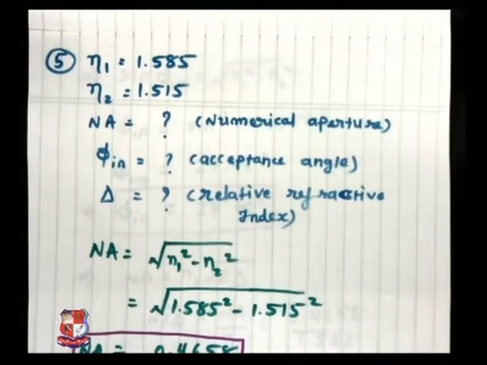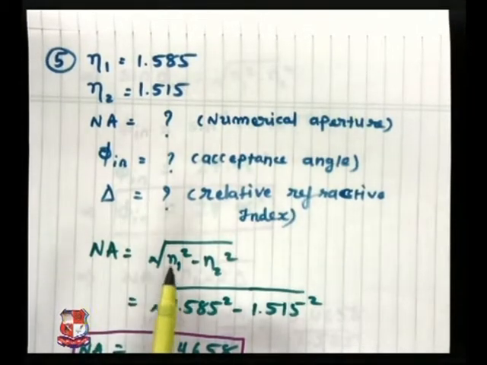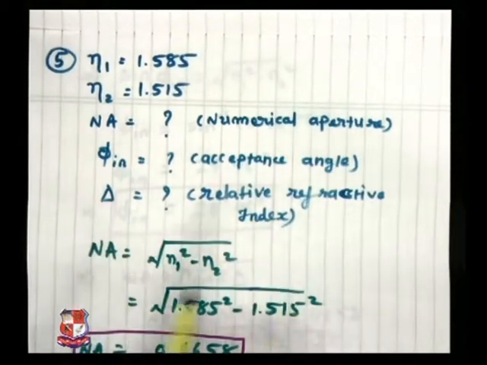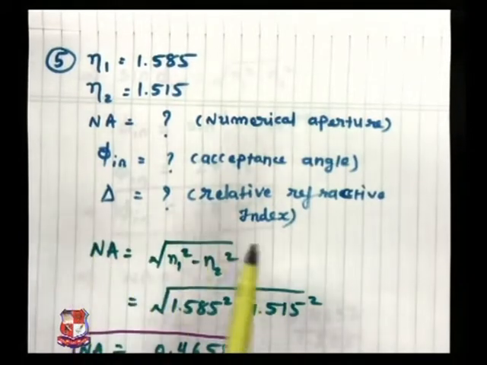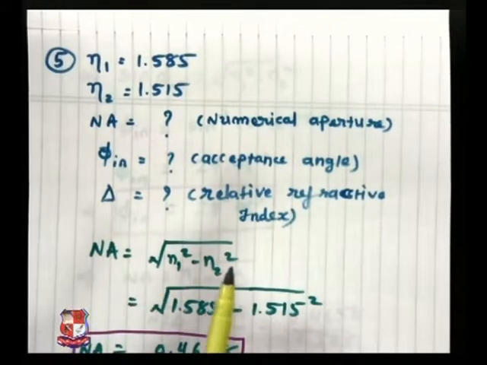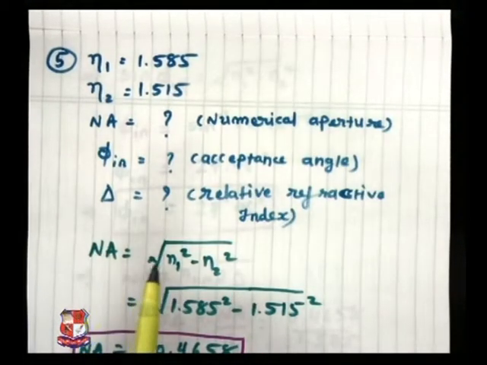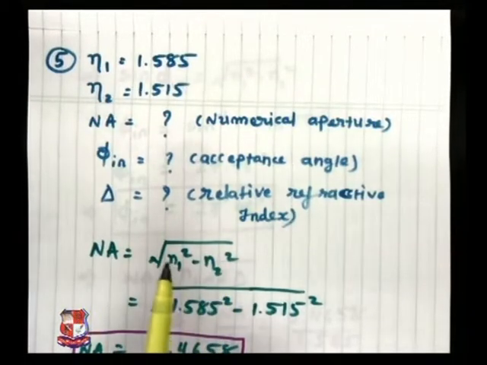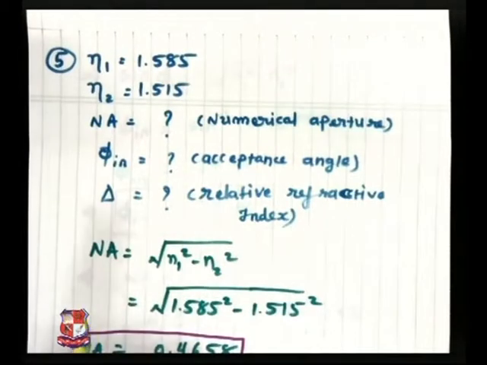To calculate numerical aperture, NA is equal to under root eta 1 square minus eta 2 square. This is the equation in your derivation of acceptance angle and numerical aperture. We just substitute the values of eta 1 and eta 2 and get the answer.